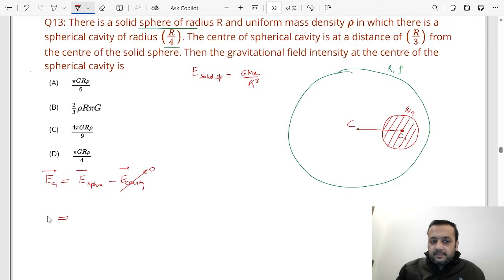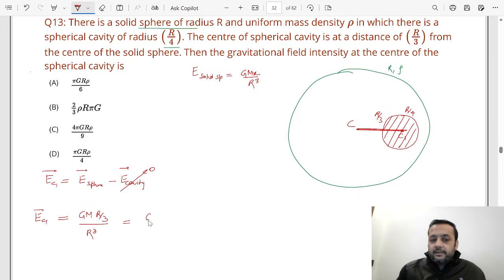So this part will be 0. That means E at C1 is nothing but the field due to the whole sphere. Now imagine that the whole sphere was present. What would have been the field? That will be G into M into x, where x means this distance, which is R by 3. Again I will use the same formula, G into M into x, which is R by 3, upon R cube.